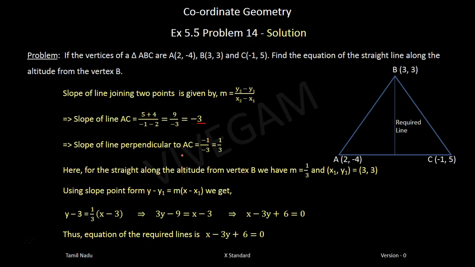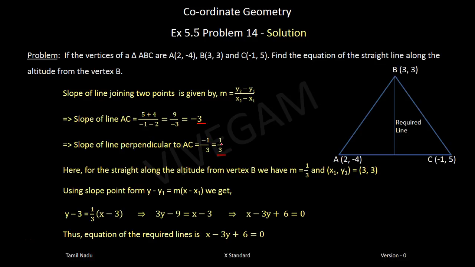The slope of the line perpendicular to AC is the negative reciprocal of this value. What's the reciprocal of 3? It's 1 by 3. The reciprocal of minus 3 is 1 by minus 3, and we want the negative reciprocal, so you add one more minus sign, and the minuses cancel, so it becomes plus 1 by 3.